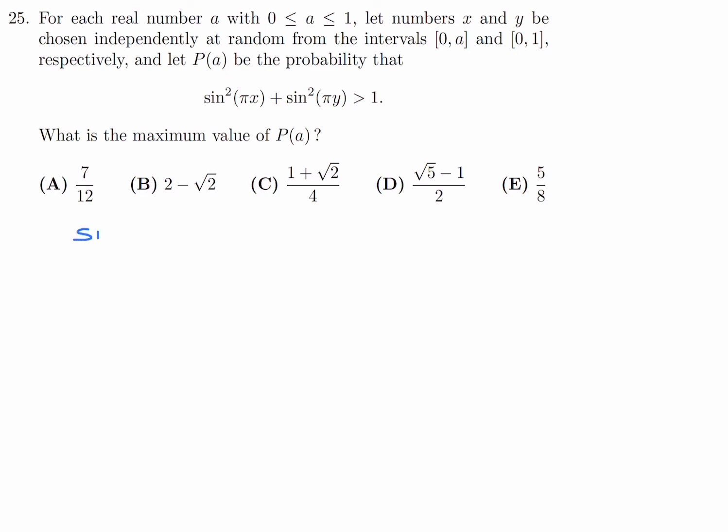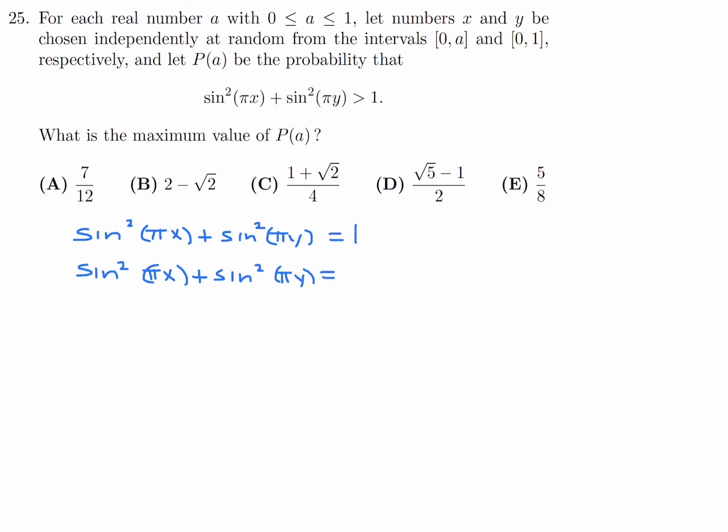So we have sine of pi x all squared plus the sine of pi y all squared, and that is greater than 1. What I'm going to do is look at the boundary first, and then we'll talk about the greater than. So the boundary would be the 1. Now, we know from our trig identity that 1 can be written as sine squared anything plus cos squared anything.